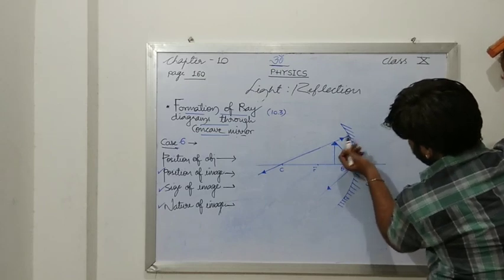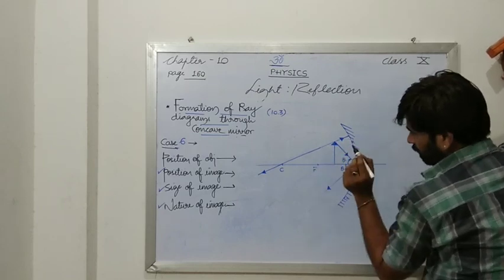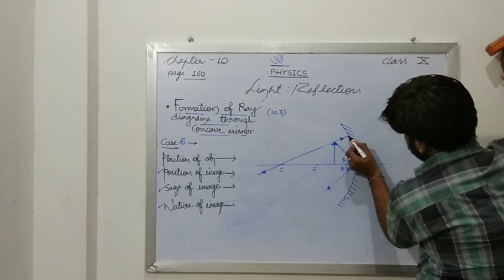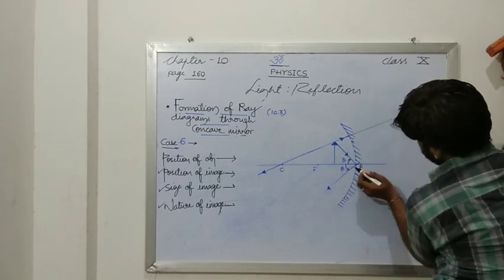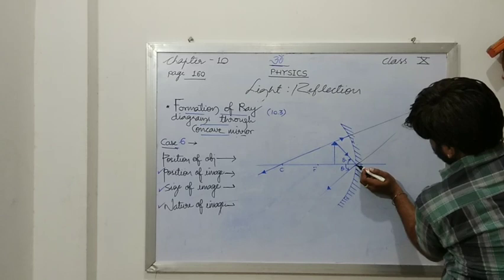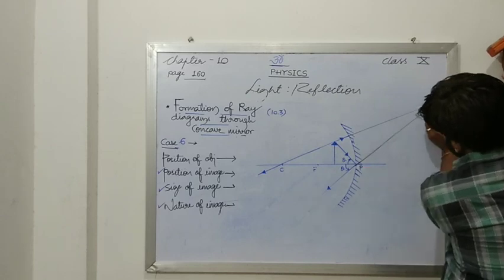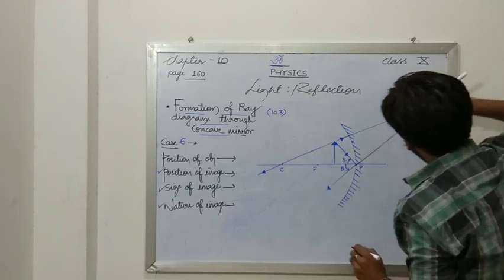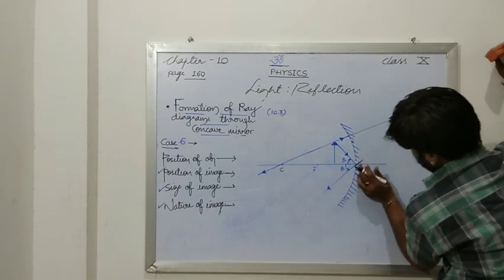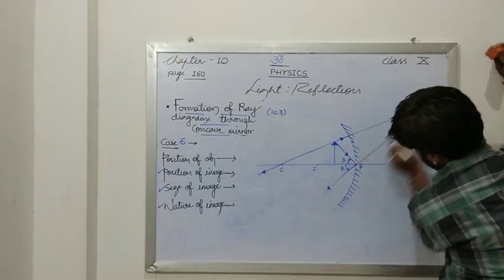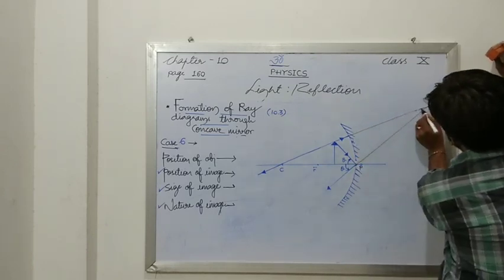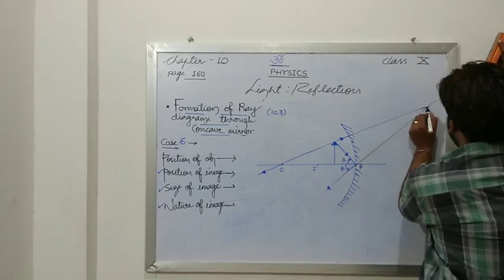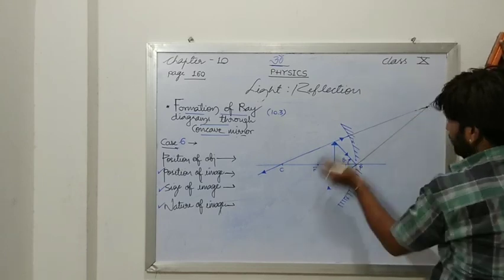Now here I am using the black pen. Treat it as a dashed line. Okay, so this is going to be the position, that is the extended one.